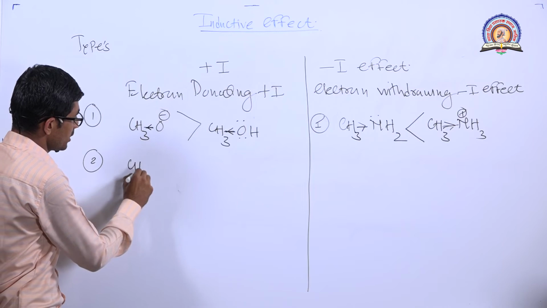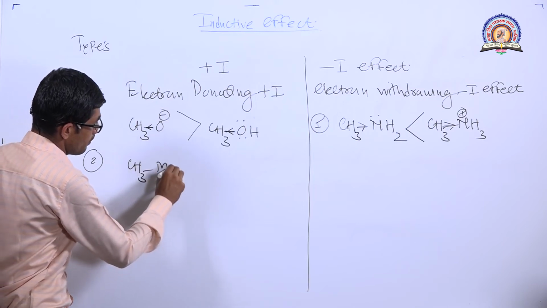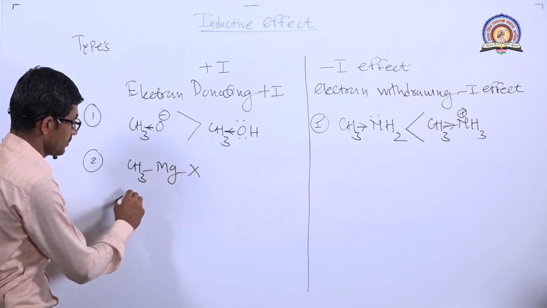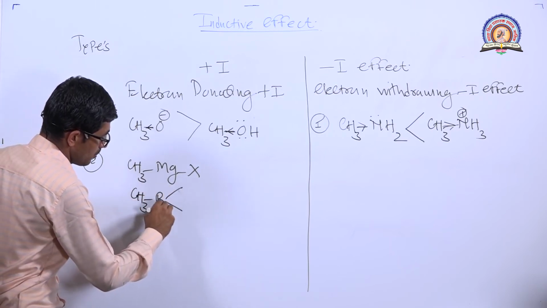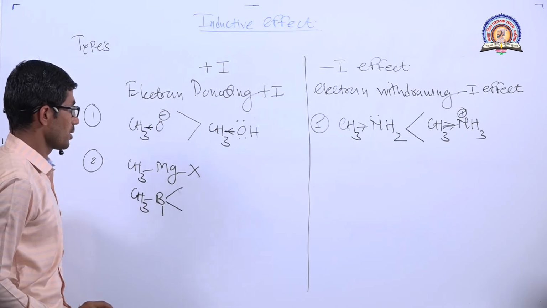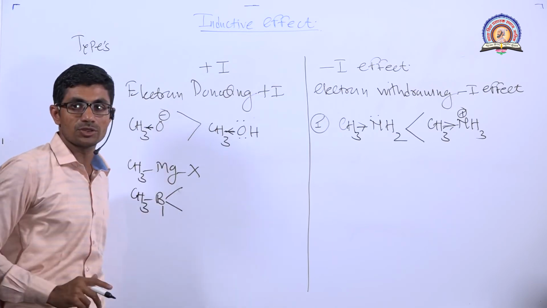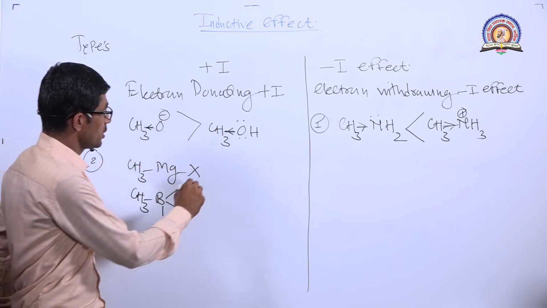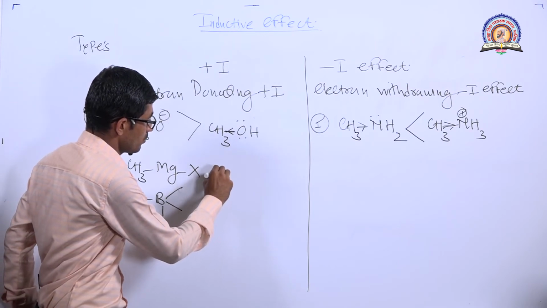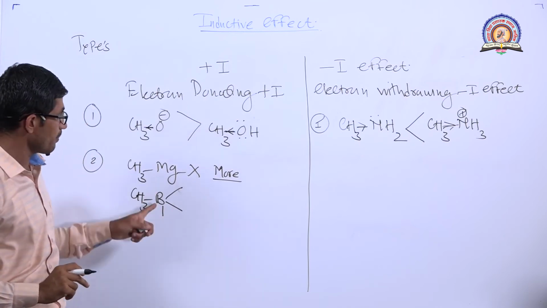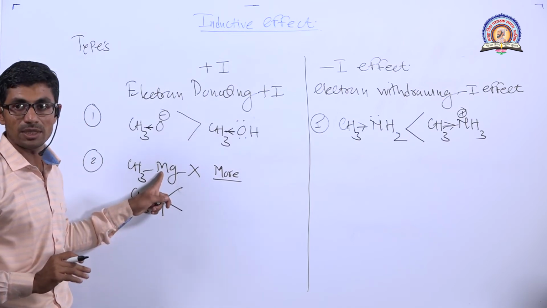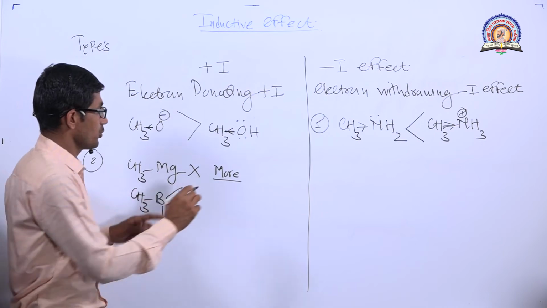Suppose you consider two groups here: methyl magnesium halide, and here a boron compound. When you compare between these two, magnesium is more electropositive.